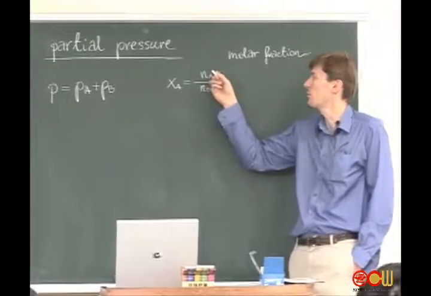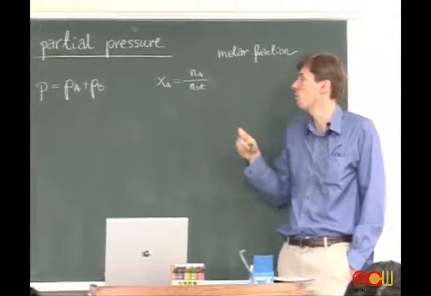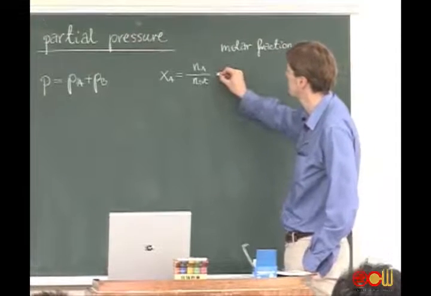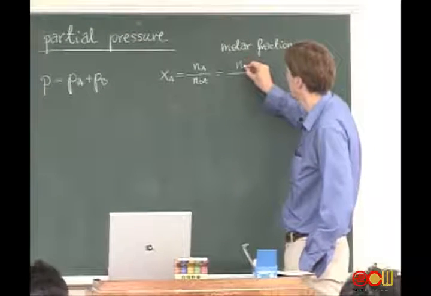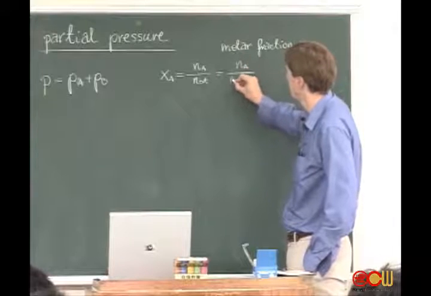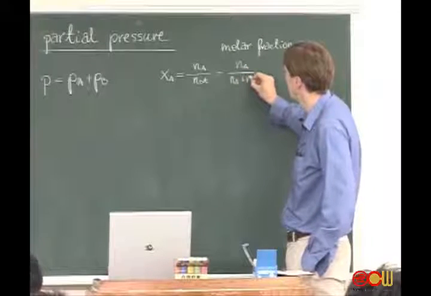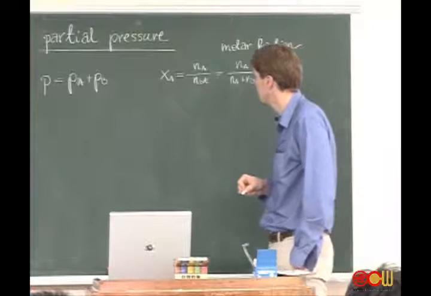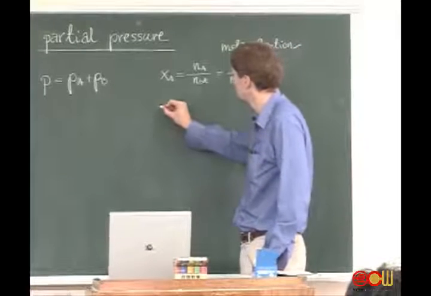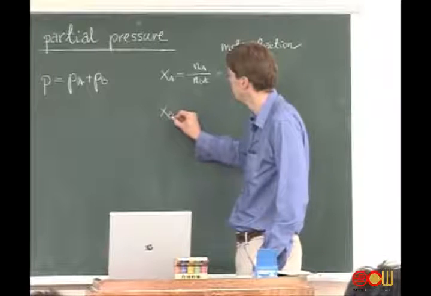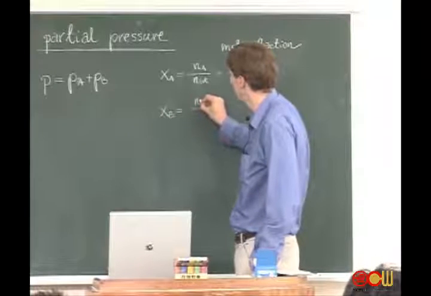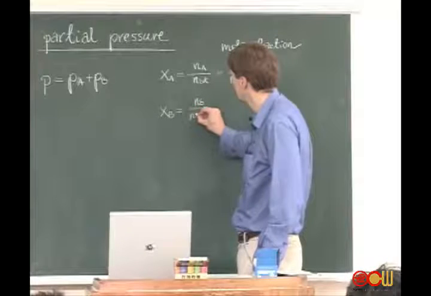So XA is the number of moles of A to the number of moles of everything. So in our case, of course, this is equal to NA over NA plus NB. And we also can define XB, which is going to be equal to NB over N total.